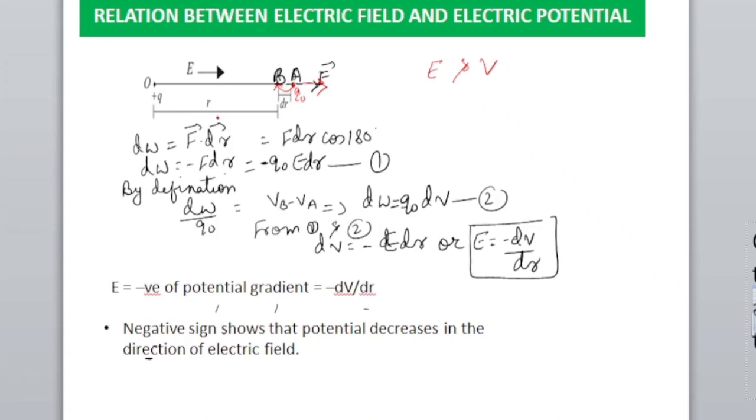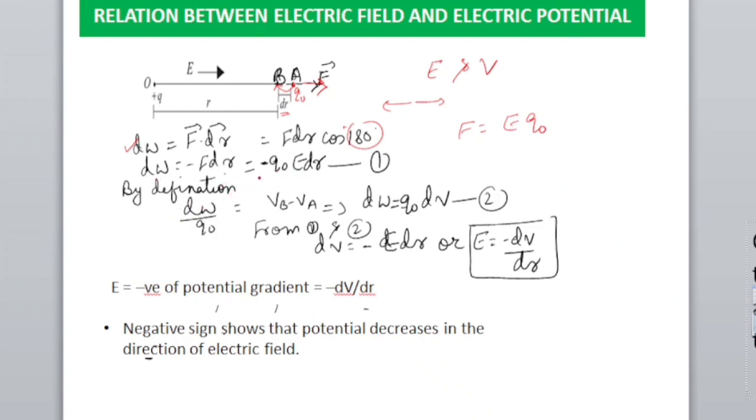In moving the test charge Q naught from A to B, a small distance dr, the small amount of work done is F dot dr. F is in this direction and dr is in this direction. Both are in opposite directions, so there is an angle of 180 degrees between them. So it becomes minus F dr, and force is equal to E into the test charge Q naught. So dW equals minus Q naught E dr, equation number 1.